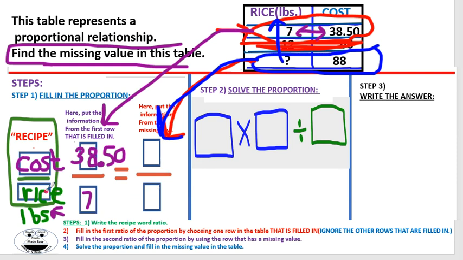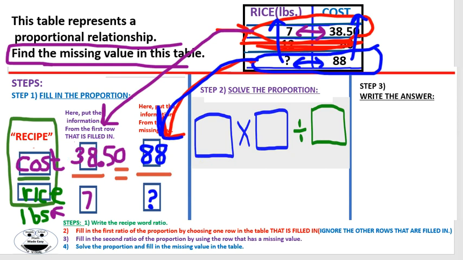It is the pounds of rice, and according to my recipe, pounds of rice goes on the bottom. So I put it on the bottom. Now I have the 88, which is paired together with it. They are quote-unquote like buddies, they go together as a rate. So the only place left for the 88 is the top. And just to make sure it's the correct place, I see cost goes on the top, and 88 is the cost, as you see on the top here.